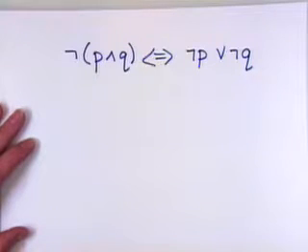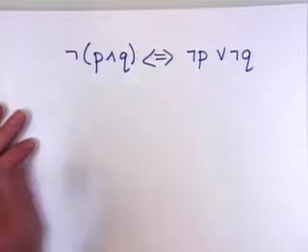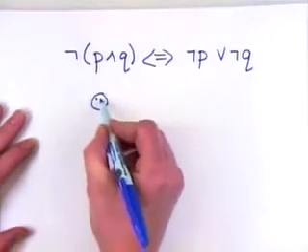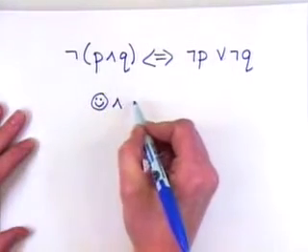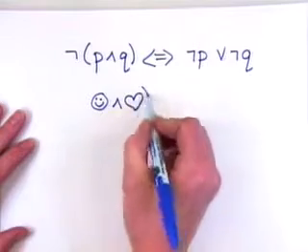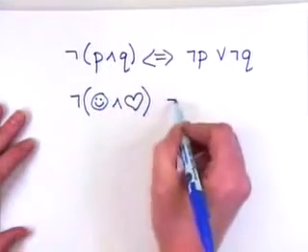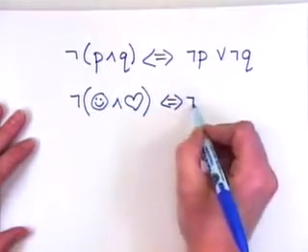What happens to this statement if I change all the P's into A's and all of the Q's into B's? It's the same. What happens if I change all the P's into smiley faces and Q's into hearts? Still the same thing.